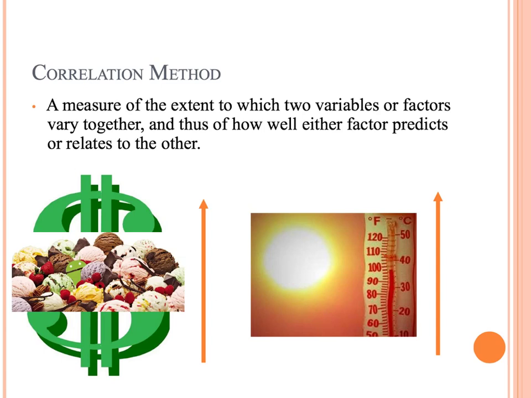This is known as a positive correlation. The reason it is called a positive correlation is because these two variables, temperature and ice cream sales, are directly related, meaning that when one increases, the other also increases in turn.